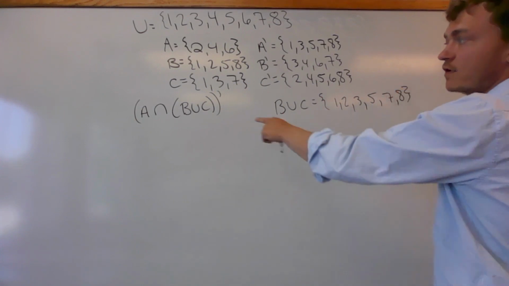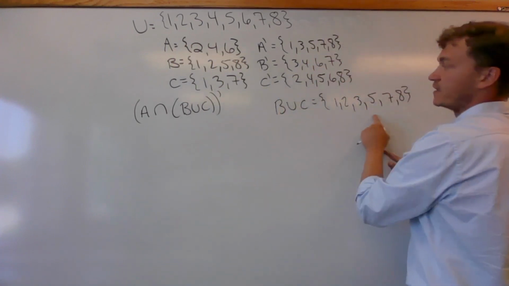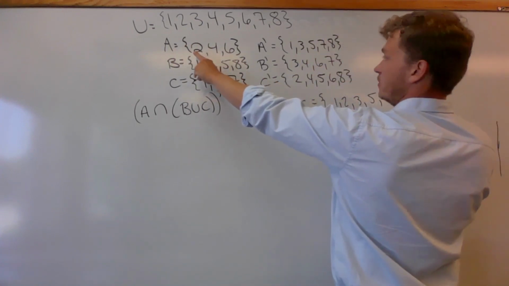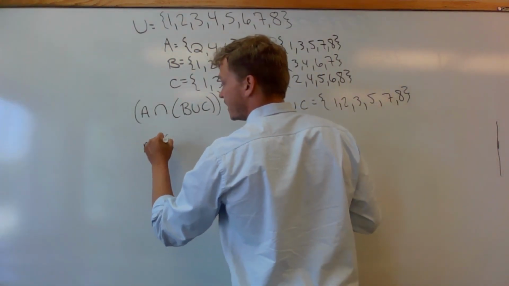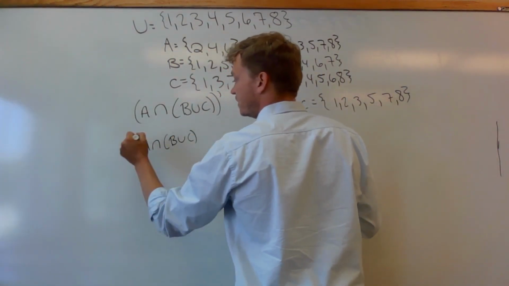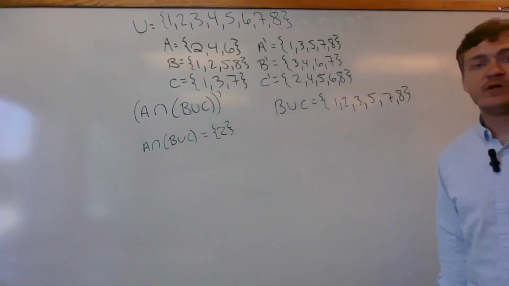Now, what if this overlaps with A? We want to take this set and intersect it with B union C. Well, 2 overlaps, and that's it. So A intersect B union C is simply the set containing the element 2.